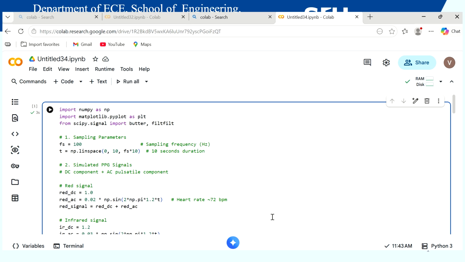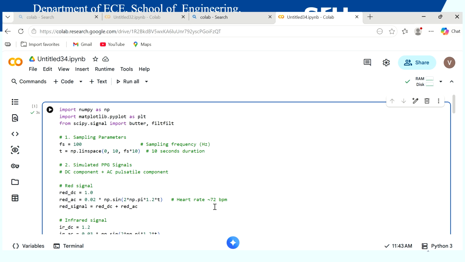A PPG signal has a DC component, that is the constant part due to tissues, bones and non-pulsatile blood, and an AC component, the pulsatile part due to heartbeat. The red signal: red_DC is equal to 1, and the AC is equal to 0.02 times np.sin(2 pi 1.2 t).